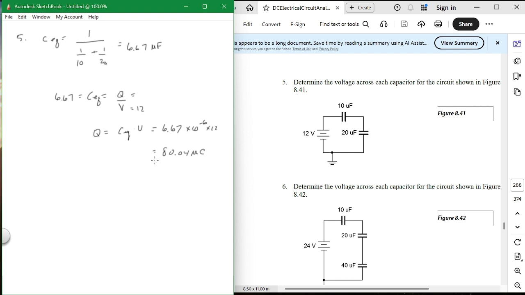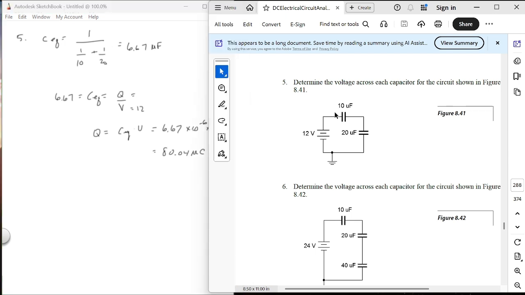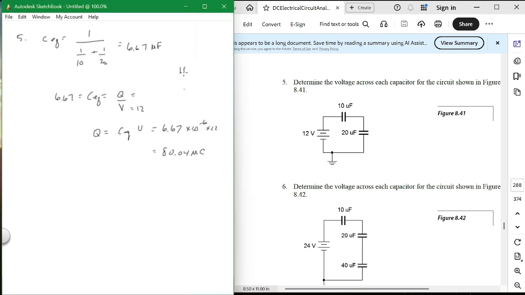Now, that's what gets charged on each of these plates. So as you go around here, you get that charge plus to minus on each of these. So you get it plus to minus here and plus to minus here. So you get that charge. You follow me? It's the same. It's not the same electrons.